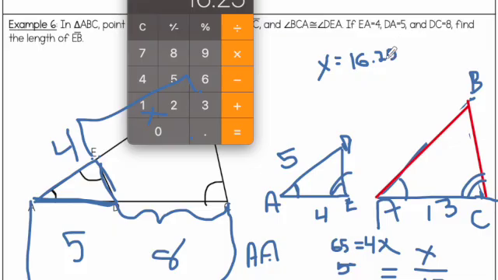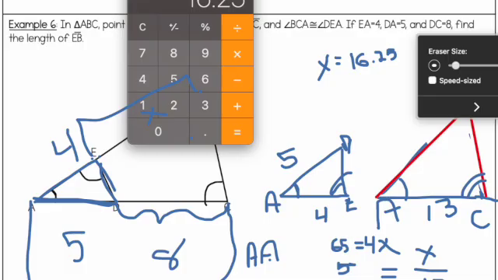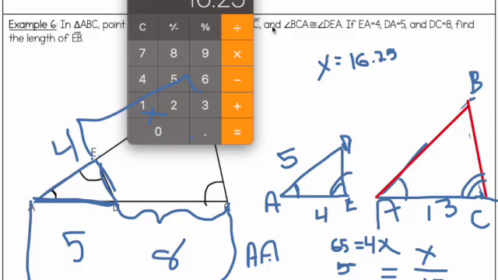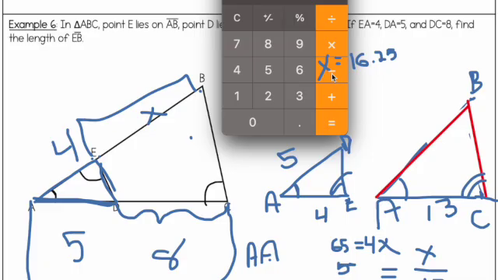Okay, and you want to find just this piece of the line, right? So you don't need the whole line. So we can do some subtracting. Let's minus 4. And EB, well, x doesn't equal that.